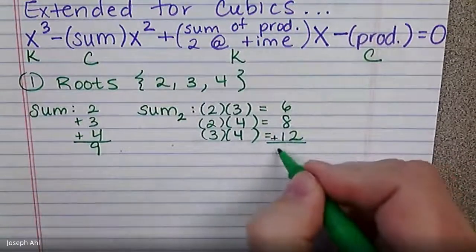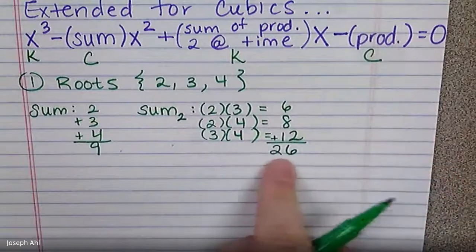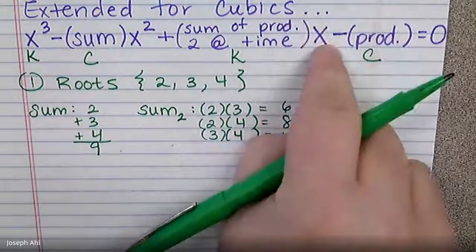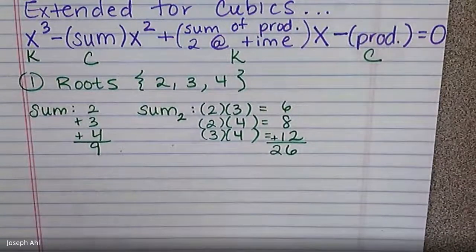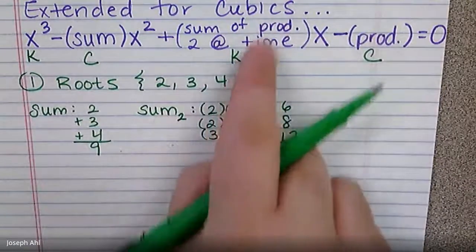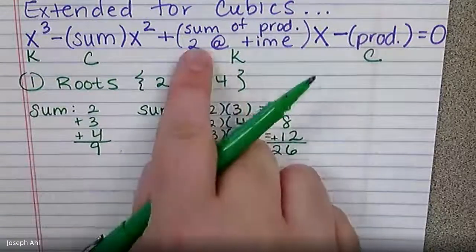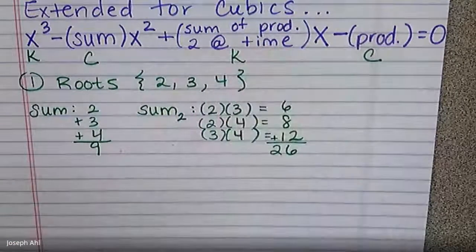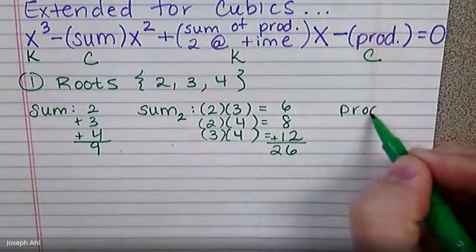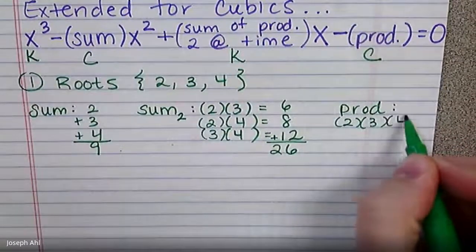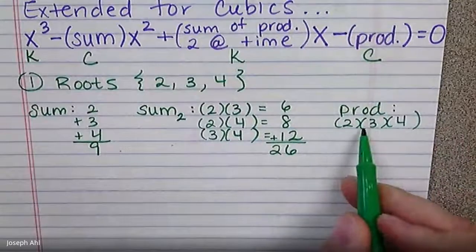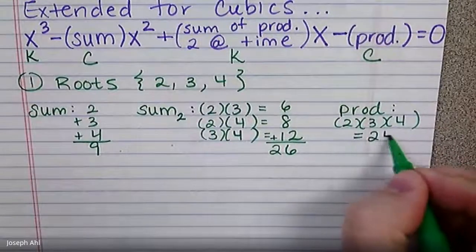And if you add those 3 numbers together, that's going to wind up being the coefficient that we put next to x. So that's 26. It's the sum of the products of the roots when taken 2 at a time. Finally, the product of the roots, all 3 at once: 2 times 3 times 4. So those 2 would multiply to 6 times the 4 at the end is 24.